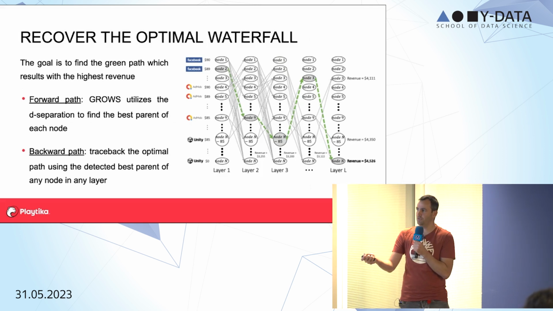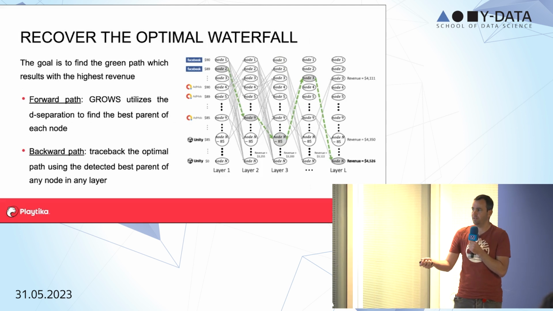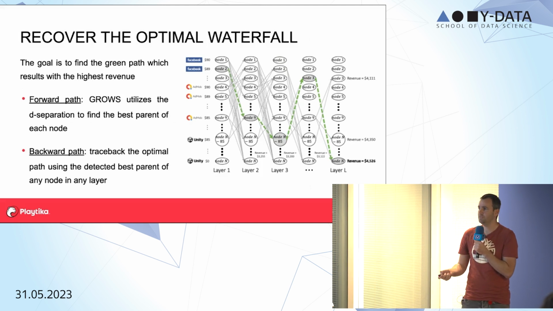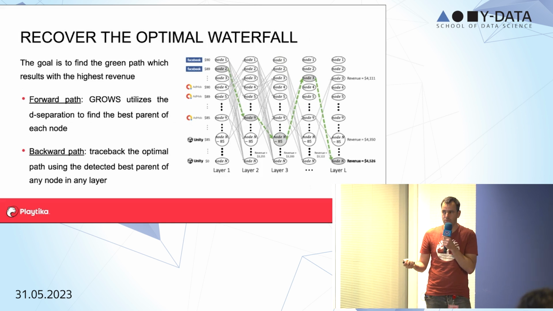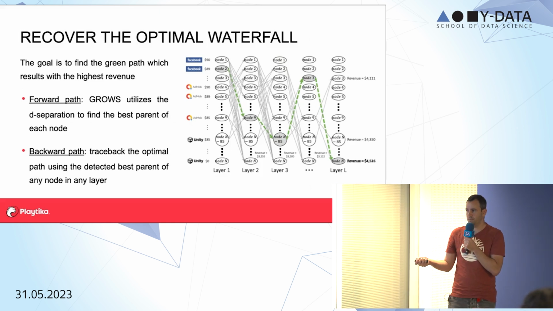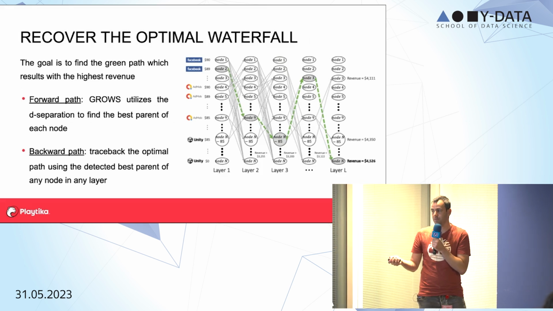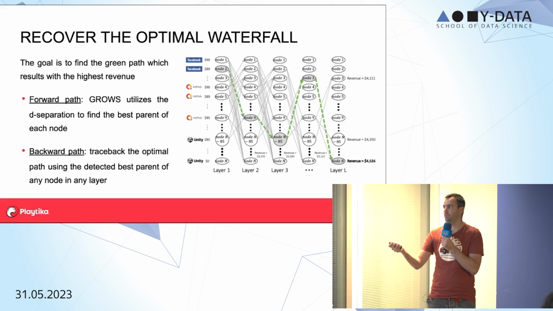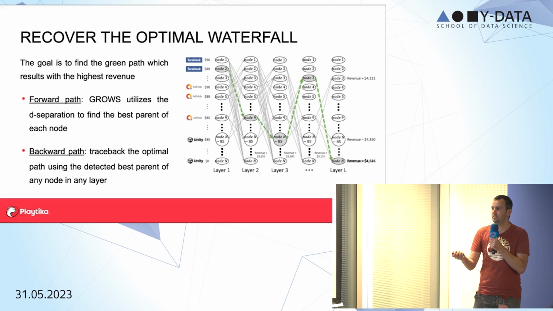So the best parent of node 9 will be node 2 of Facebook, and the best parent of this node can be any one of this layer's nodes. This is the forward pass. In the backward pass, we just need to trace back for the optimal path. We take the node with the highest revenue and see who its best parent is. This is its best parent, and the best parent of node 3 is this one, and we can trace back and get the optimal path.